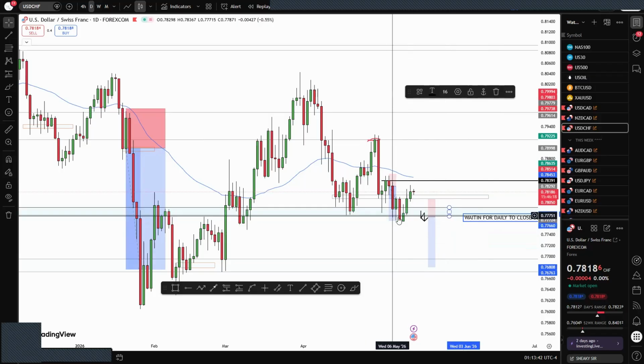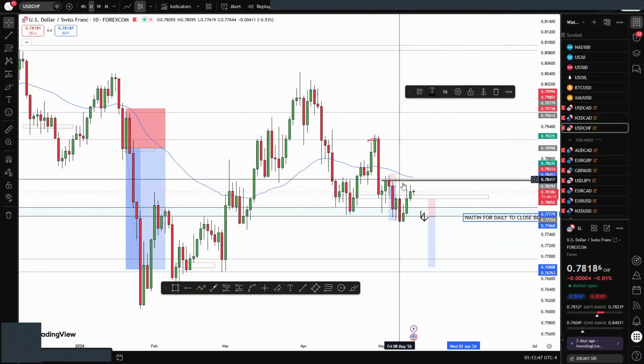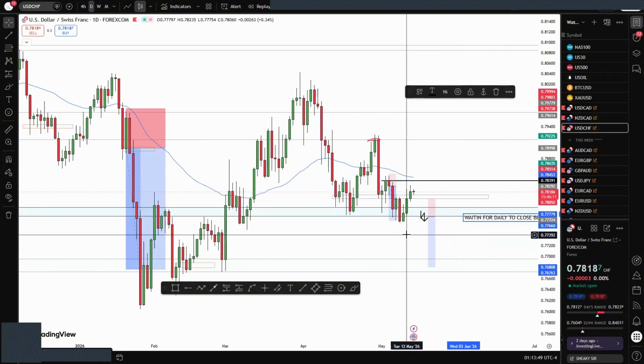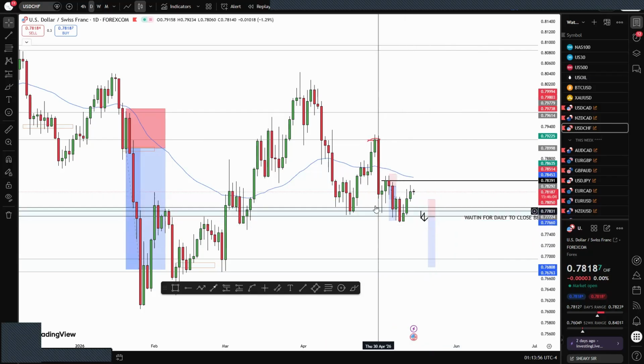Because you can see Monday, Tuesday, Wednesday, price has just been making bullish candles. So I need one that will bring me back at this level. As for now, even this is nothing to me because that's not where I plan to sell.